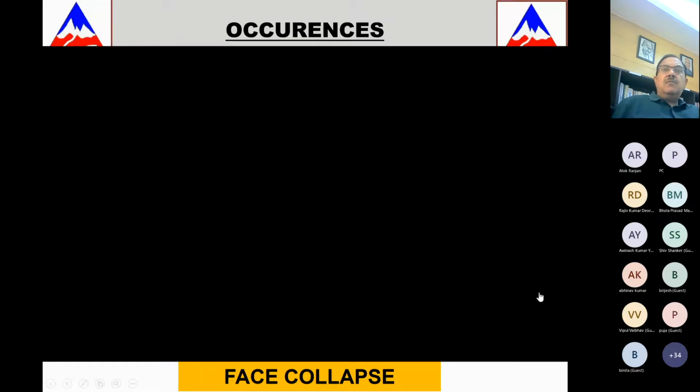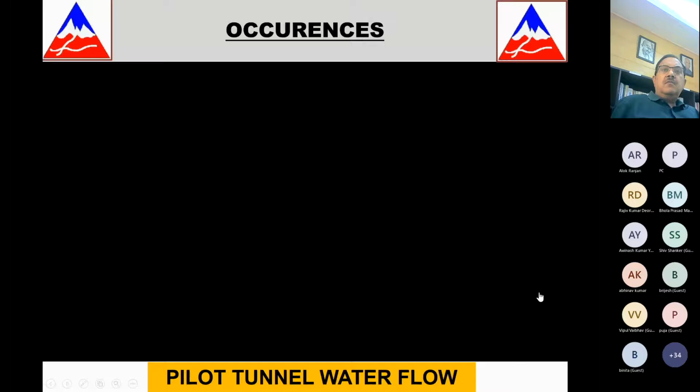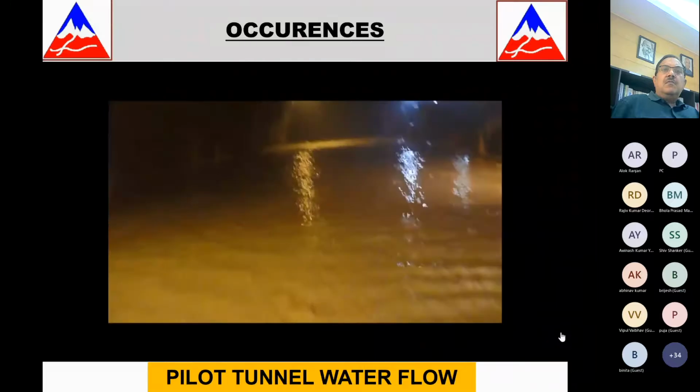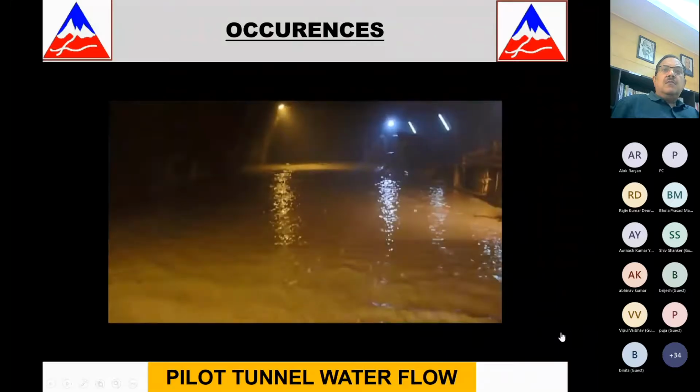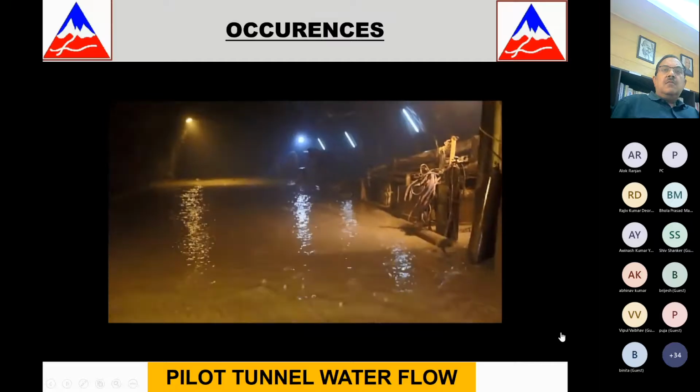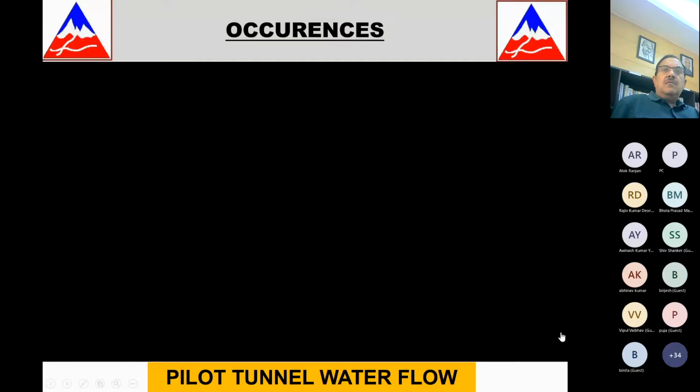These kind of muck flows were coming from the face. I was telling you about the pilot tunnel. The pilot tunnel itself started catching all the water, and the complete tunnel behind got inundated.